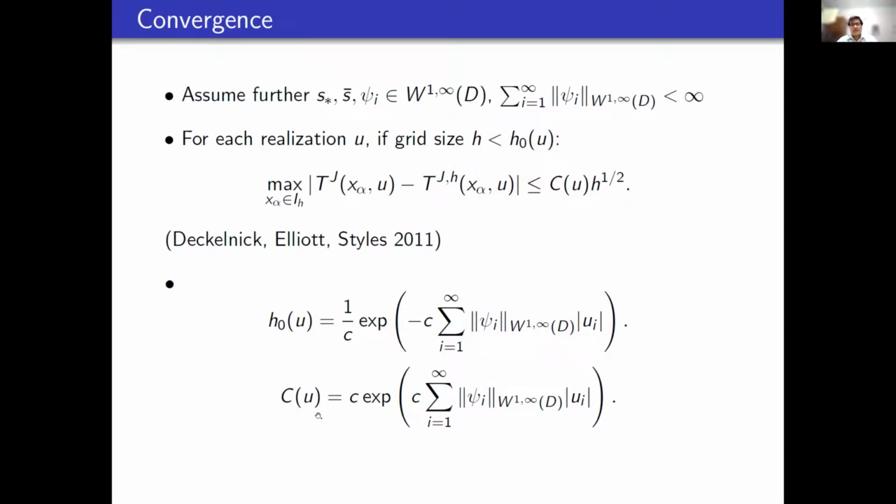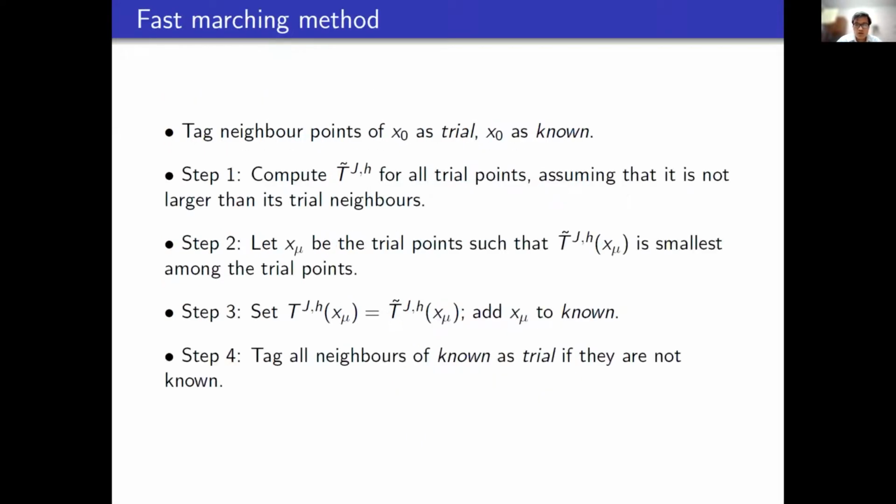So what it means is that if you fix a mesh size h, there will be some samples u for which this h to the power 1/2 bound here may not hold, because this h_0(u) can be less than h. But given a fixed h, we can always use the fast marching method to solve the forward equation.